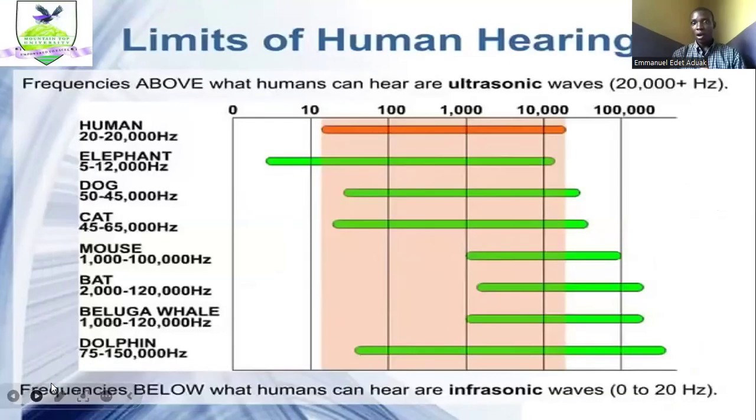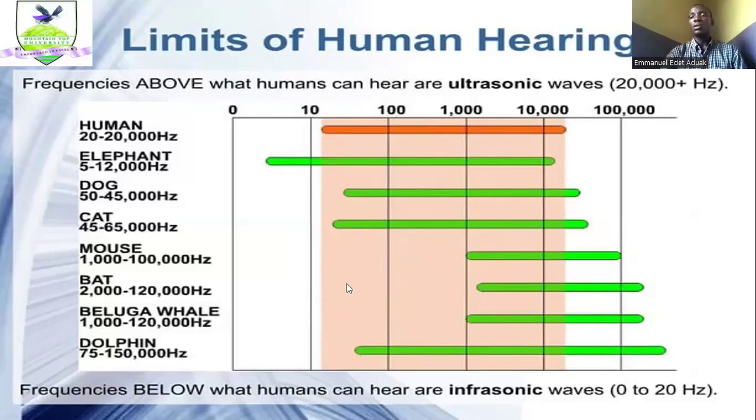So the human ear has limits to the frequency it can take. For example, ultrasonic waves are frequencies above what humans can hear, and the ultrasonic waves are 20,000 plus hertz.